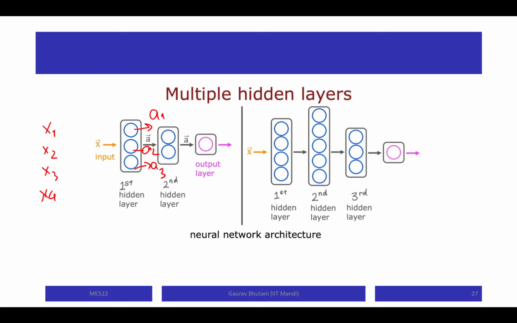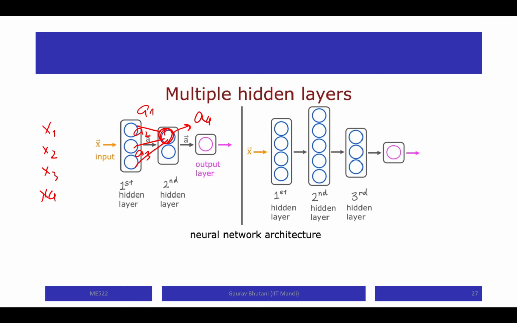So the output of the first layer is 3 numbers. It's like you have some new inputs: A1, A2, A3 are similar to x1, x2, x3, x4. Now when I talk about this neuron, it takes inputs from these 3 values. A1, A2 and A3 are the inputs to this neuron, and it will now predict some new value, let's say A4.